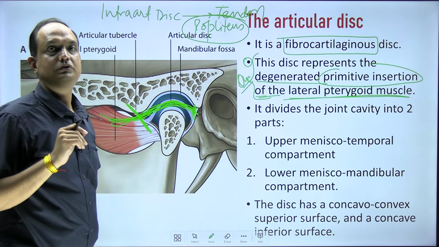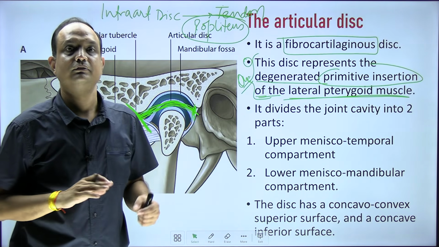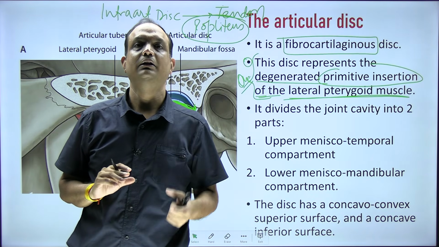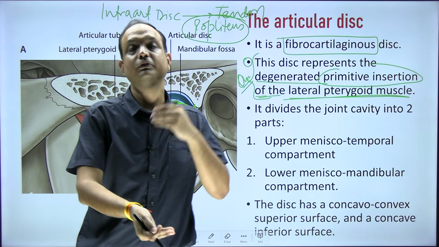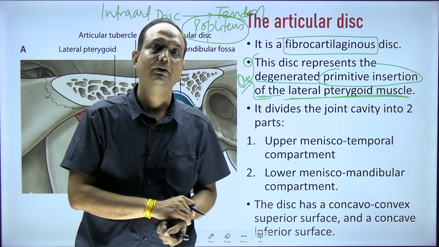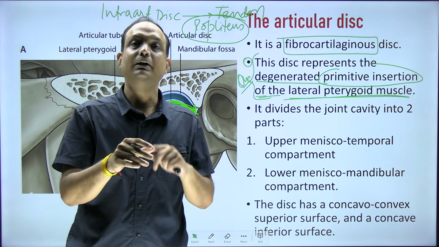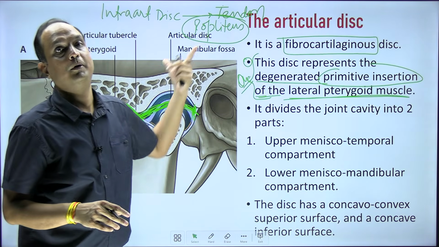If you see the origin of popliteus, you will find that it arises from the lateral surface of the lateral condyle of the femur, and that intra-articular tendon actually represents the disc of the joint between the fibula and lateral condyle of femur. That joint is no more there with evolution, but that disc has now become part of the tendon of popliteus.